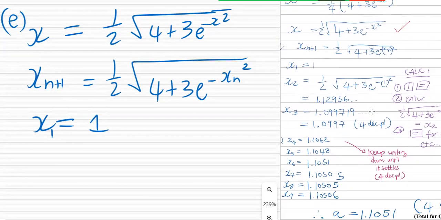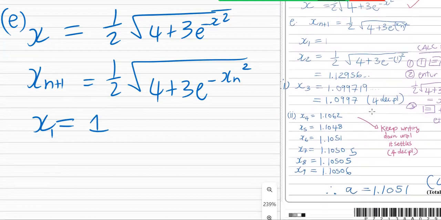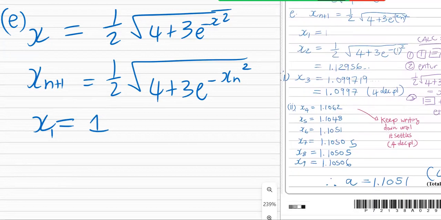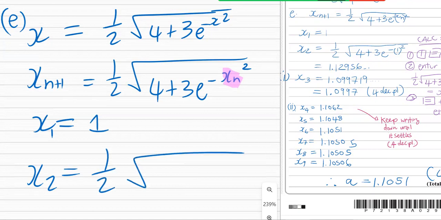Our first one over here is going to be 1. When we write the next one, we're going to say x2. If x1 is 1, then x2 will be this whole thing with a 1 there.